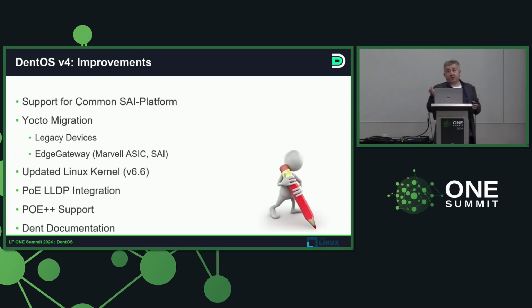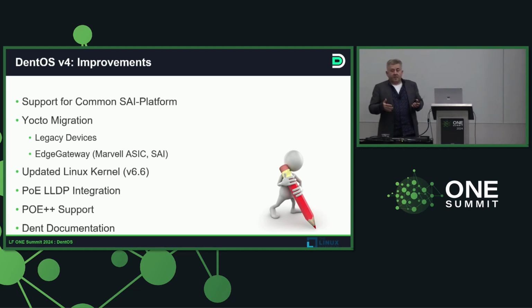But there are additional features, for example, the Yocto migration. We want our packages to be as customizable and as small as possible, and there should be a roadmap for maintaining a long-term distribution.